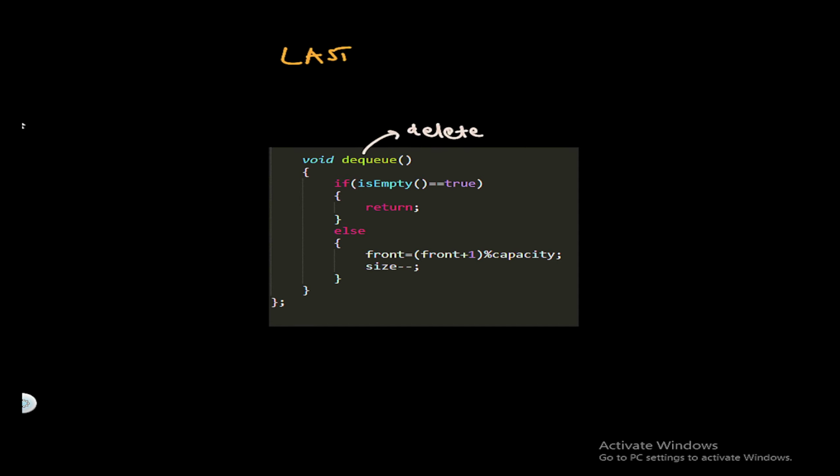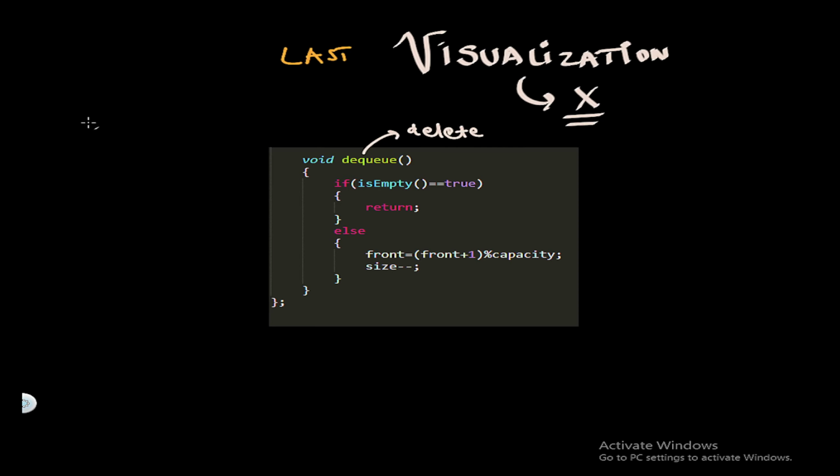and as I said, this is just a visualization. Nothing is getting deleted. No memory is getting deleted. We are overwriting the memory. So try to understand this part, guys.